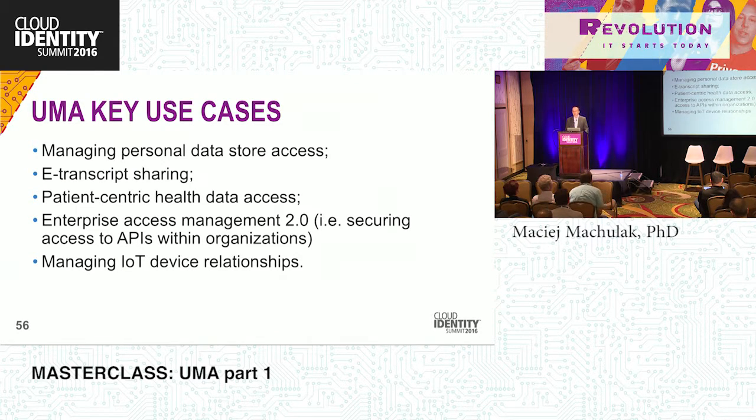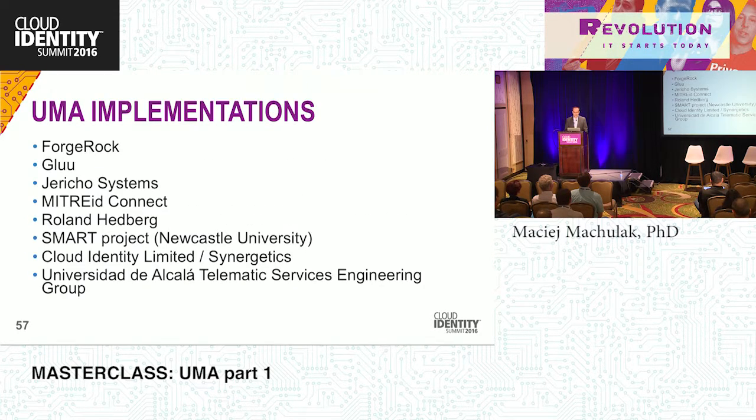But we also talked a lot about API security. In the third part of this masterclass, you will see two distinct implementations of UMA, one addressing personal information, one addressing API security. The implementations which are currently there, well, maybe not a large amount, but I would say a fair amount.